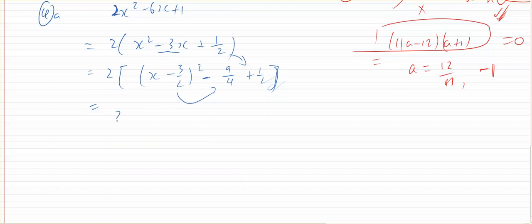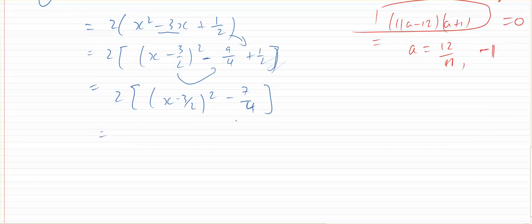What I do now is I need to simplify the fractions. So we've got negative 9 on 4 plus a half, so they're both going to 4. A half becomes 2 on 4, so 2 on 4, negative 9 on 4 is negative 7 over 4.